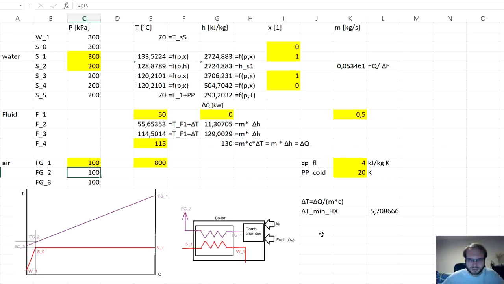And one more thing that we had was the heating value, LHV, also denoted as Qn, of the fuel, which is 12 megajoules per kilogram.